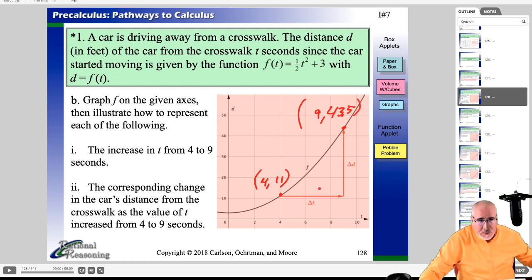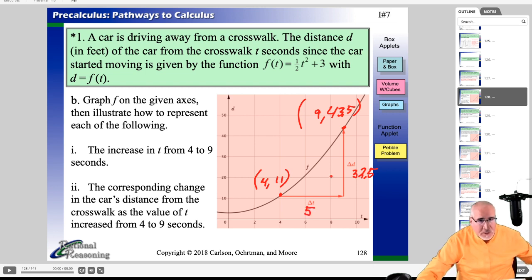And you see what we're basically getting is we calculated the change in distance by subtracting these two things, 32.5, and then the change in time, 4 to 9, 9 minus 4 is going to give us 5.